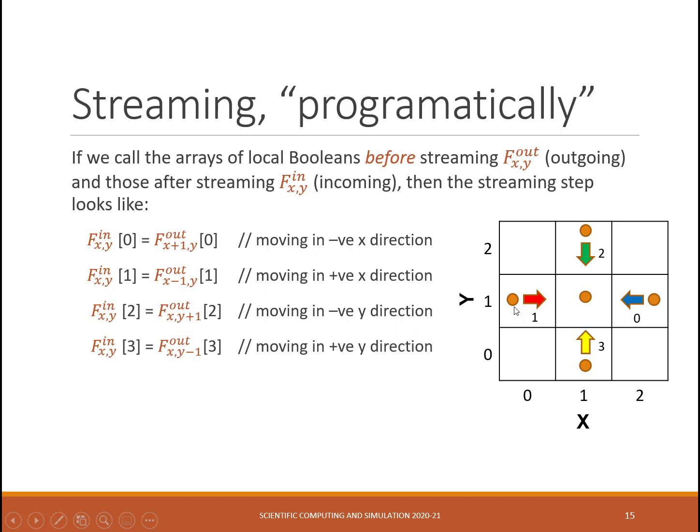Here we have a particle in state 1 located at x equal to 0. After streaming, the particle will be at x equal to 1. Similarly, the two last rules perform movements along the y-axis in negative and positive directions, respectively.